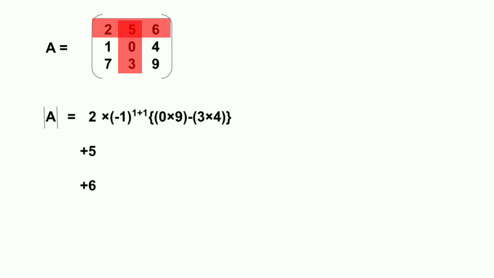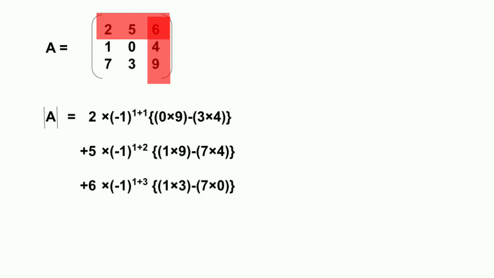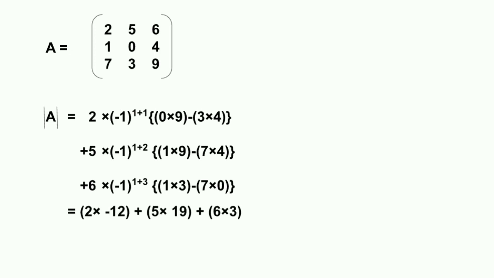By neglecting these elements, we can write -1 to the power 1 plus 2 into the determinant of 1, 4, 7, 9. The position of 6 is 1, 3. Here we have to neglect these elements. Now we can write -1 to the power 1 plus 3 into the determinant of 1, 0, 7, 3. Further solving, we will get the determinant of A equal to 89.